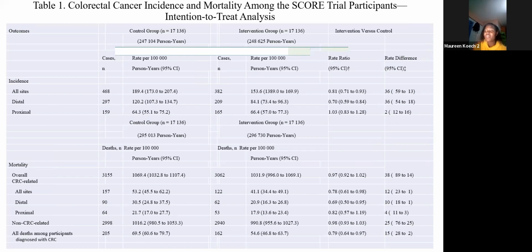Then on distal colorectal cancer incidence, it was reduced by 30%, and this also equated to 36 cases being prevented from occurring. Then on proximal colorectal cancer, no impact was observed.